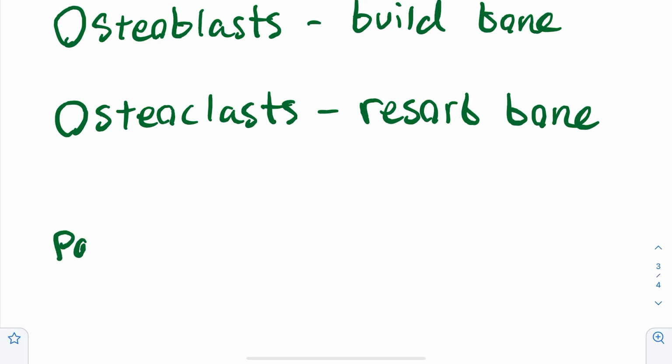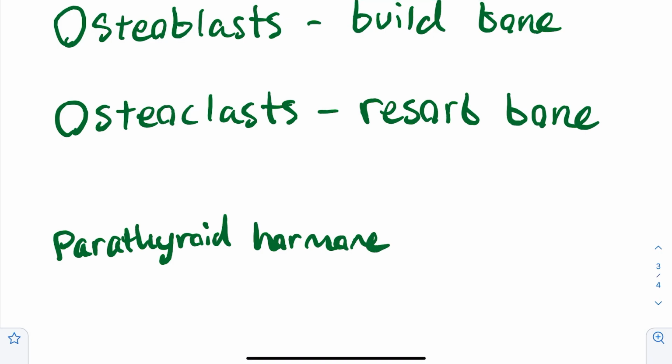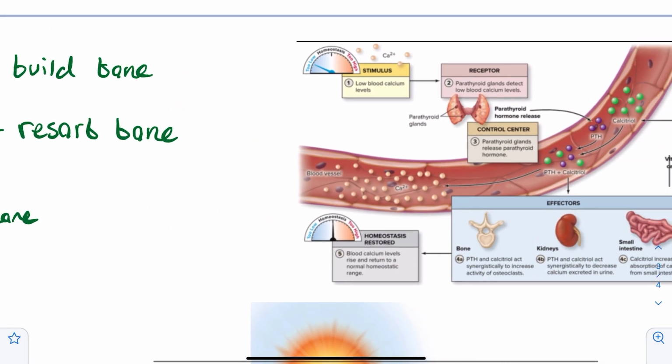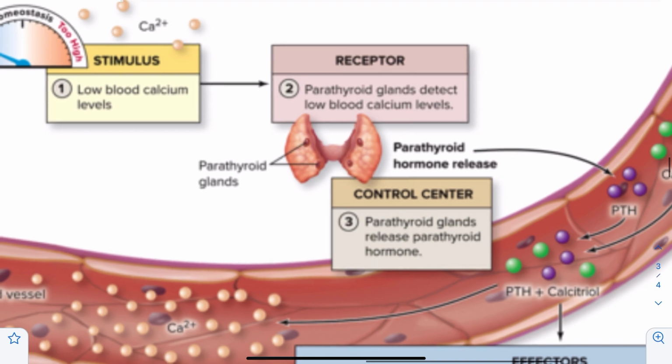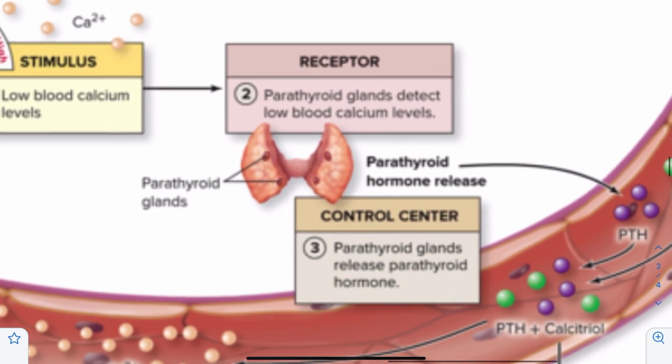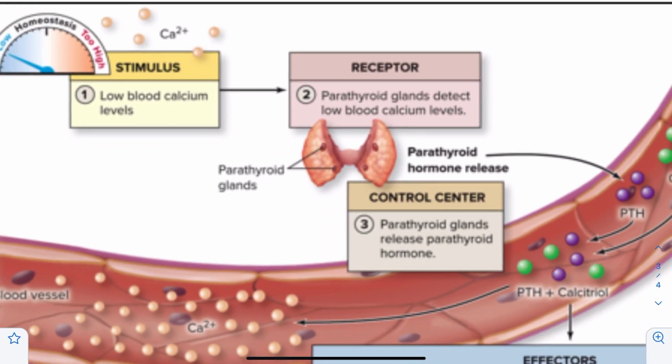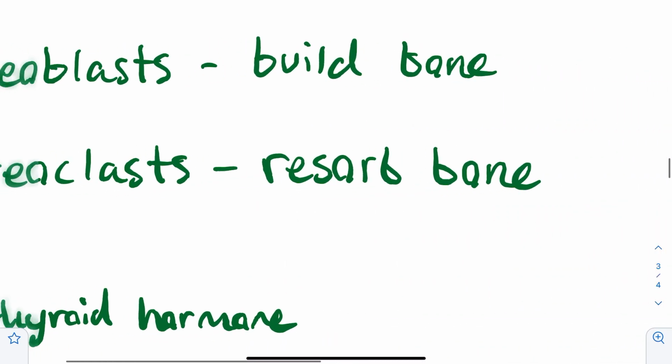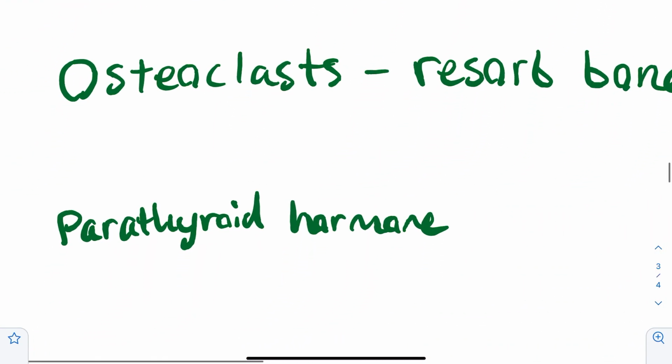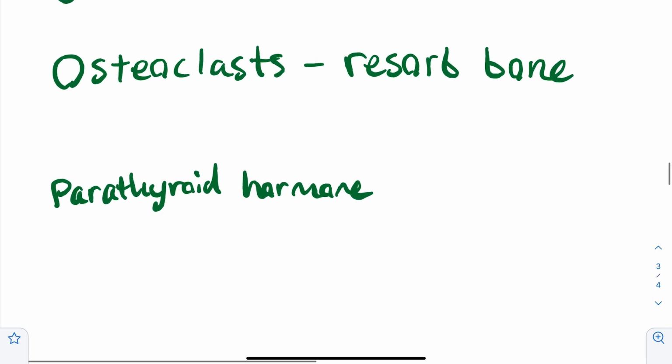Parathyroid hormone is way more important. And parathyroid hormone is made in the parathyroid glands. So we have a thyroid in our neck that kind of looks like a butterfly, and the parathyroid glands are these really little glands, smaller than a fingernail, and they produce parathyroid hormone.